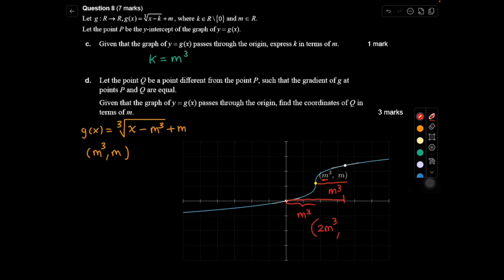So that's the x-coordinate of this point here. And then let's think of the symmetry for the y value. Well, if this length here is m, well then by symmetry, this length here has to also be m. So the y value there is 2m. So now we found the coordinate of Q, and that's our answer here.